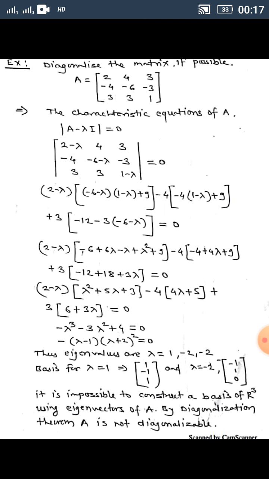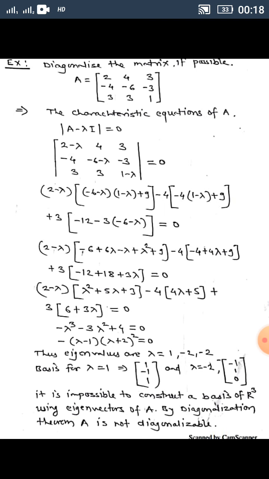Now we multiply the diagonal elements and subtract two off diagonal elements, that is determinant. So first plus, second minus, third plus. This is the determinant concept. 2 minus lambda, minus 6 minus lambda, 1 minus lambda, minus of minus 3 is plus 9. 3 into 3 is 9.